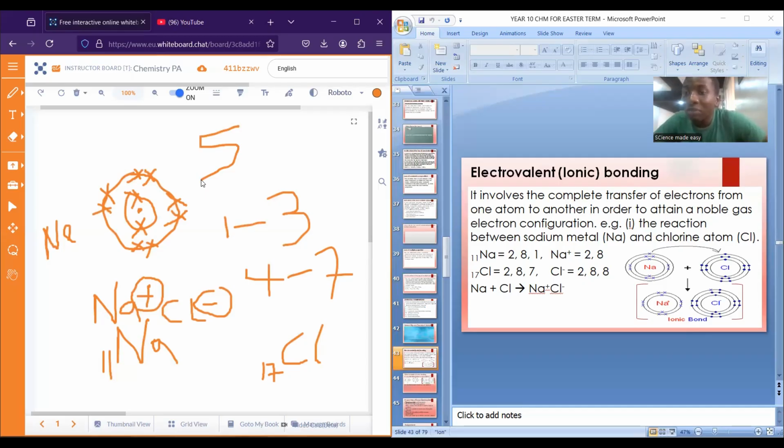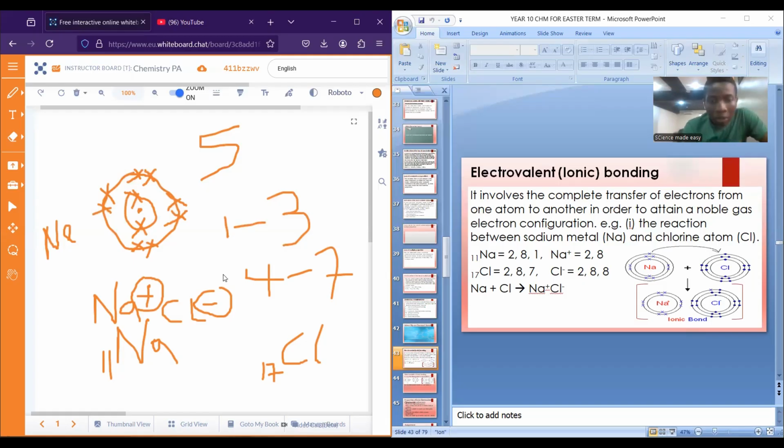So you'll be looking for someone to give you 3 more electrons. But if someone has 1 to 3 extra electrons, he can give them out because 1 to 3 is still far from 8. Anyone that has about 5 to 7 electrons in the outer shell will be looking for someone that will give them extra electrons. So that is where our electrovalence combination comes in.